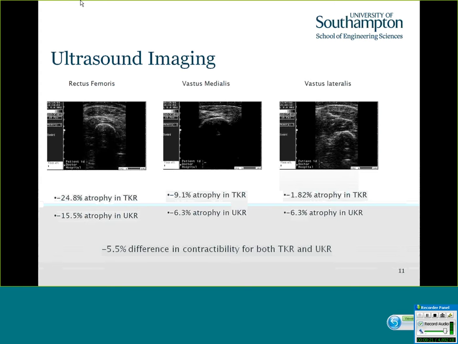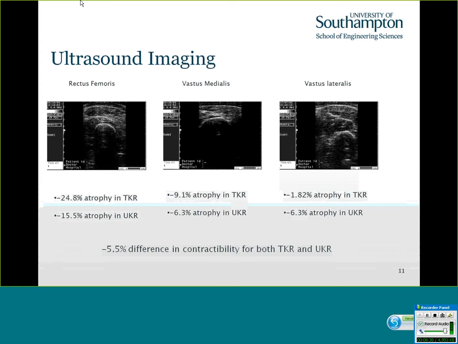Now, for our osteoarthritis patients, we know that there is a potential for muscular imbalance. So often with an osteoarthritic knee, you get atrophy, which means muscle weakness on the affected side.